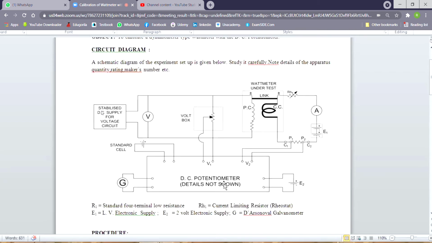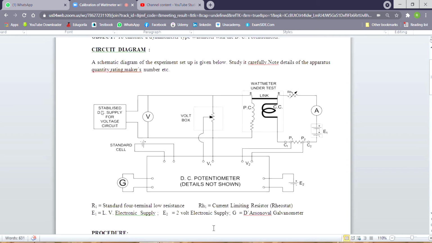When the selector switch is in position 1, V1 will be selected. If it is in position 2, V2 will be selected.